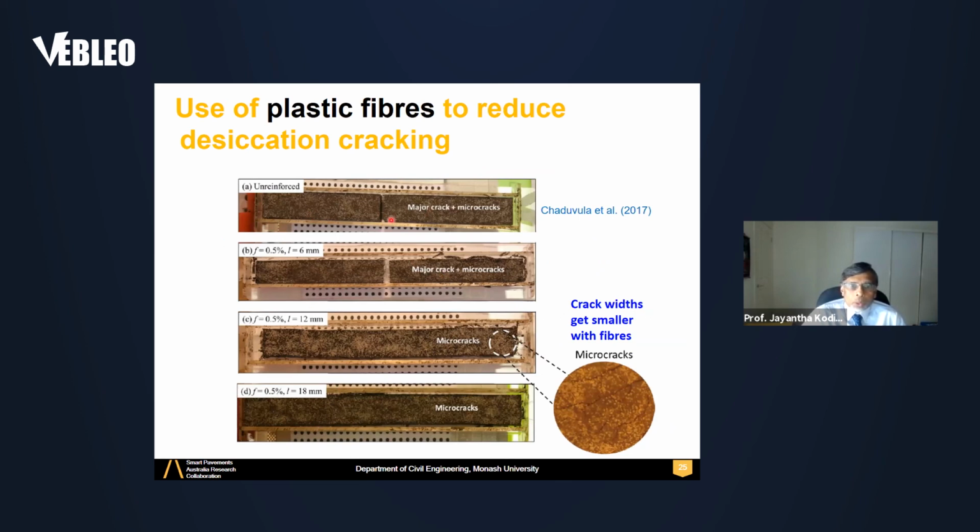Unreinforced soil without plastic fibers undergoes cracking. As you increase the fibers, you can see the crack length decrease, you can get no cracks and only microcracks occur. Microcracks are more favorable than large cracks because water flow and other things are hindered quite significantly when the crack width is lowered. So that's one way of reducing desiccation cracking.